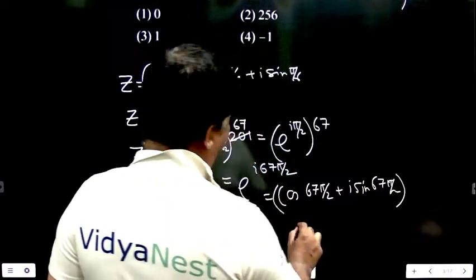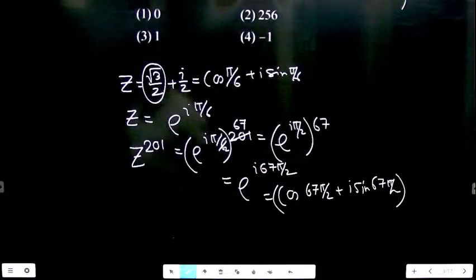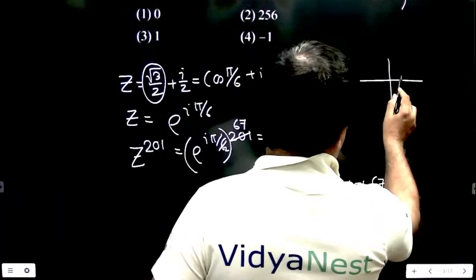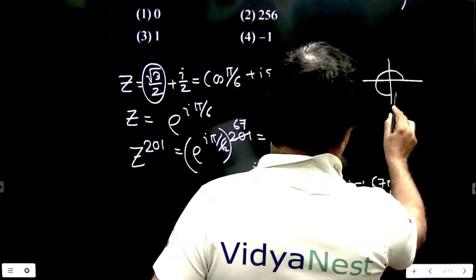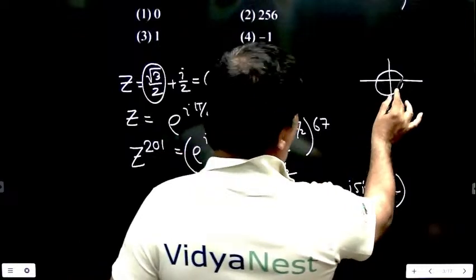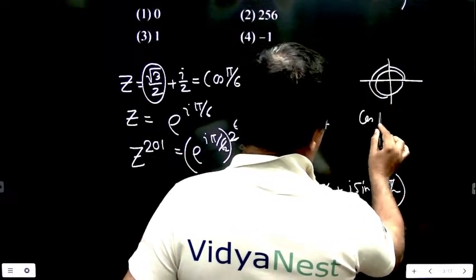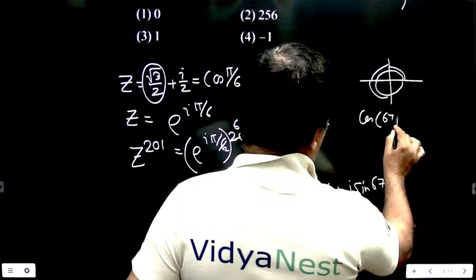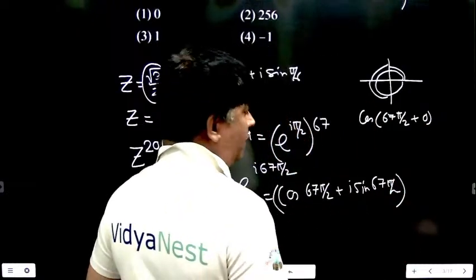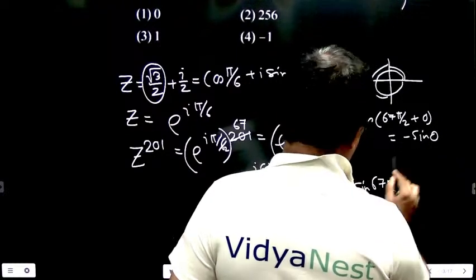Tell me, up to this stage, could you follow? Yes, sir. Right. Now 67 pi by 2, what is meant by 67 pi by 2? It rotates 16 times, then we will get 64 pi by 2, then 65, 66, 67. So cos 67 pi by 2 means cos of pi by 2 plus 0, minus sin 0, so it is 0.